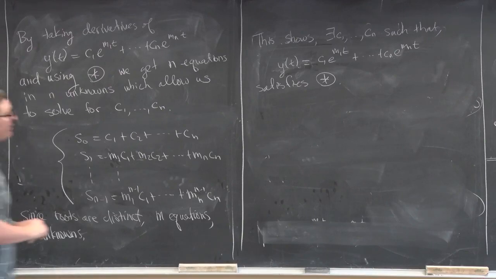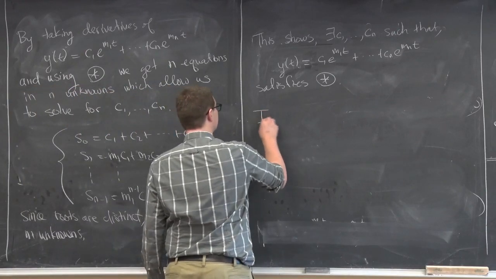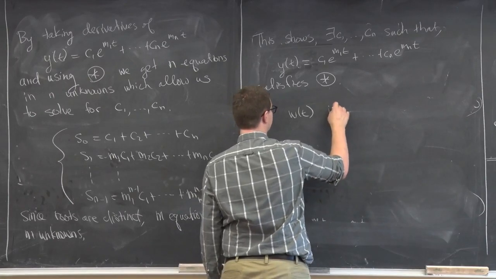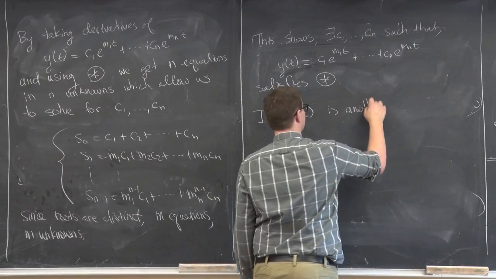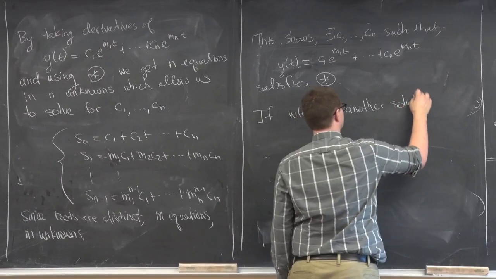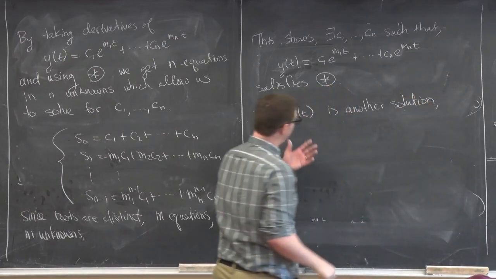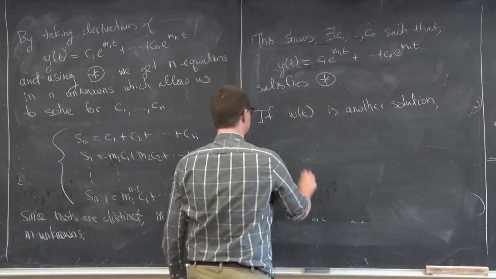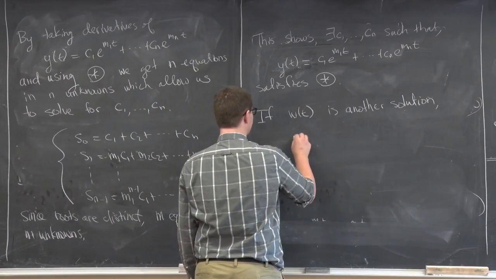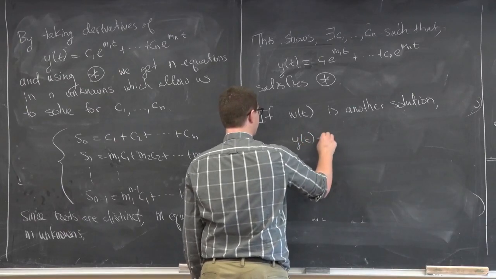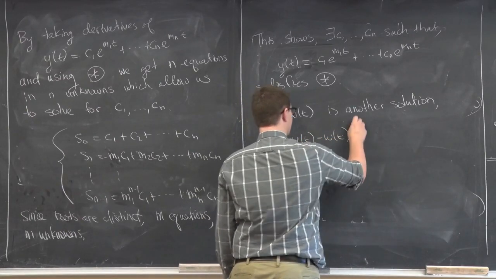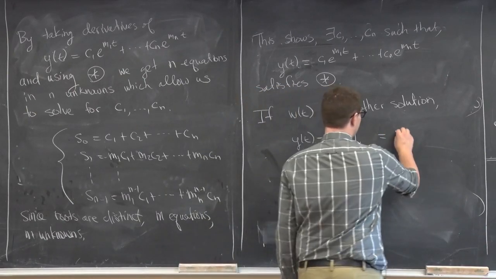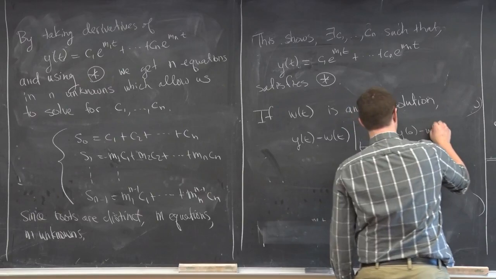So note that if, let's say, w of t is another solution with the same initial values, then y of t minus w of t at t equal to 0 looks like y of 0 minus w of 0.